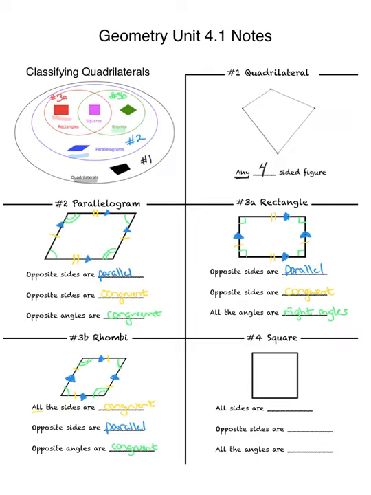Now let's talk square. What do you think is going to be different? And what do you think is going to be the same? Opposite sides. They're still going to be parallel. They have to be because a square is a parallelogram.